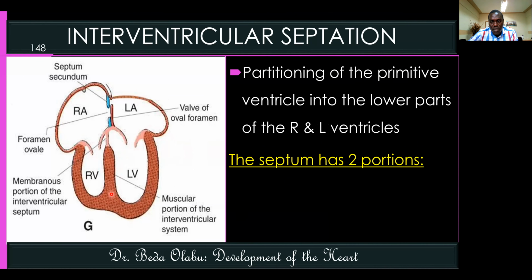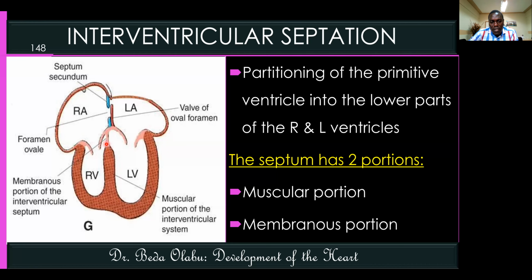That septum is called the interventricular septum because it separates the right and the left ventricle. The septum has two portions. The lower part of the septum is muscular. The upper part of the septum is membranous. That septum is a complete one, so that we need to have complete separation between the right and the left ventricle.